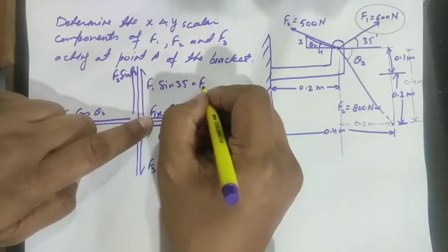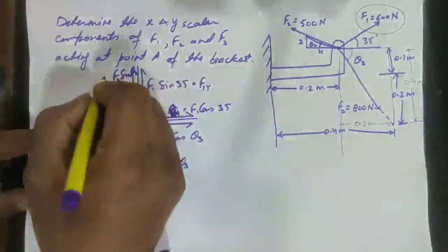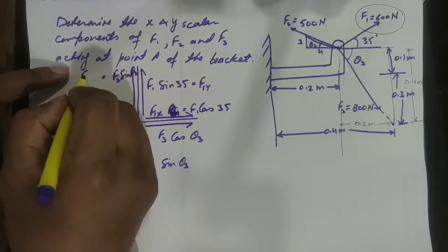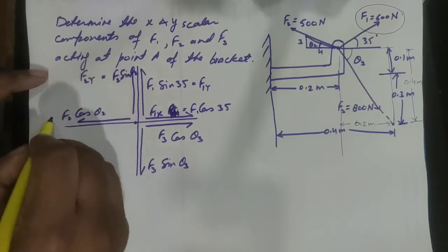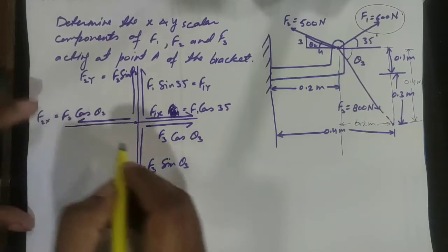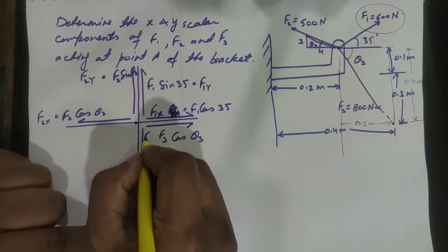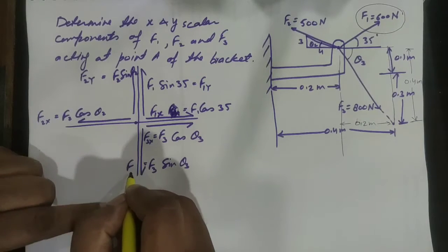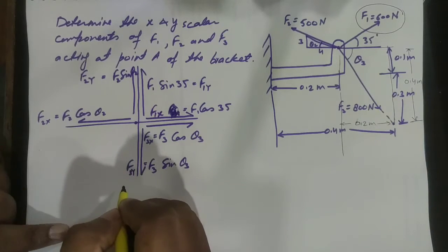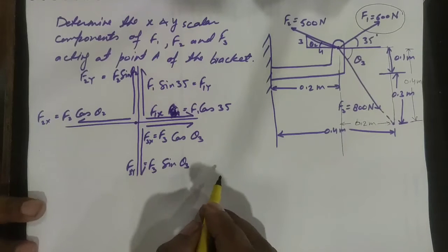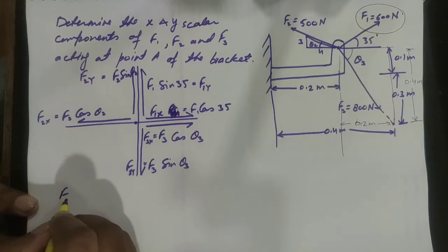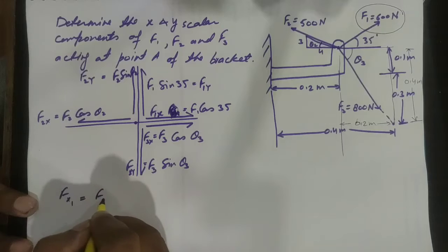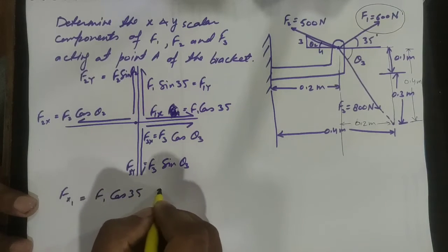This is the y component of force 1. If we are writing the f2y, this is f2x. Here we are writing the f3x. This is f3y. Calculating here, f1x is equal to f1 cos 35.